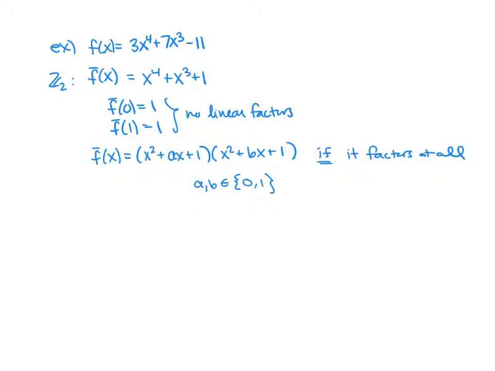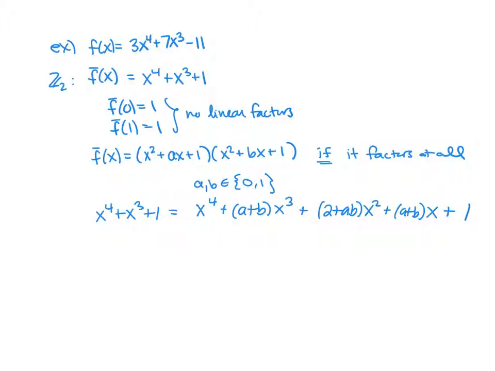So if we expand this, we get x to the 4th plus (a plus b) x cubed plus (2 plus ab) x squared plus (a plus b) x plus 1.